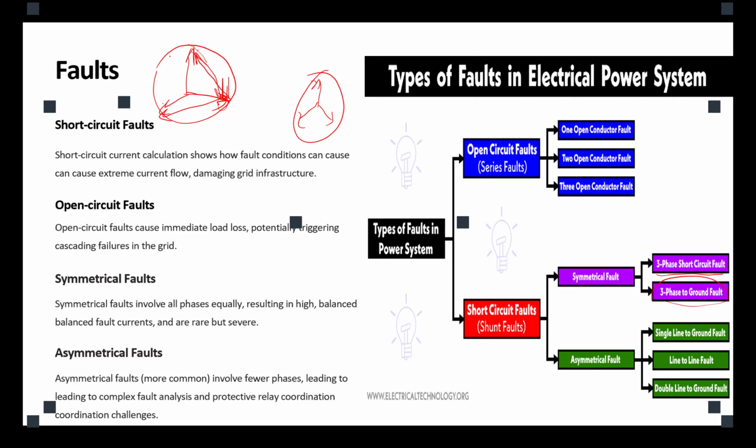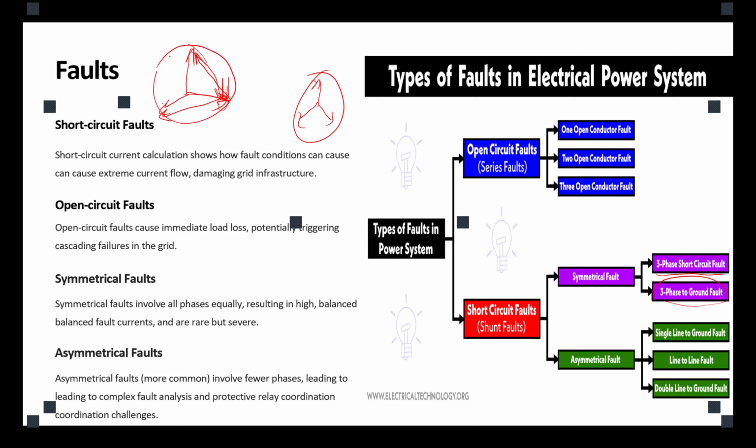So it could be open circuit or short circuit. Short circuit could be symmetric or asymmetric. Each of them has their own categories. Symmetric is always three-phase. Either the three phases connect to each other or connect to the ground, so it happens to all of them.